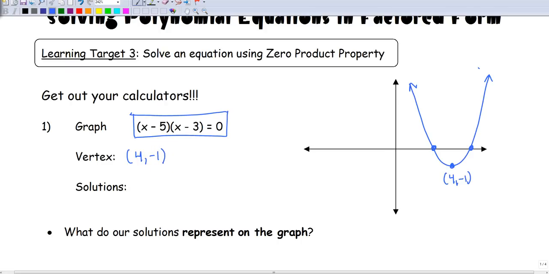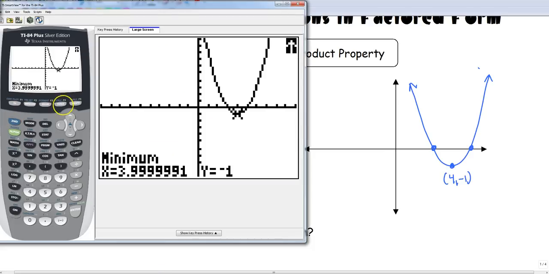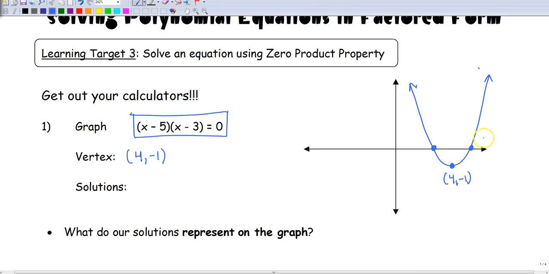Now for our solutions, we can just use our second trace 5. Over, enter, enter, enter, gives 5, 0. All right, take a second to do second trace 5 and find the other one.